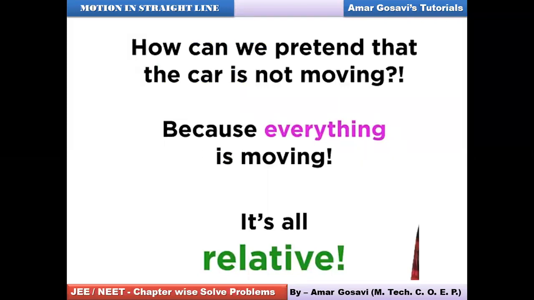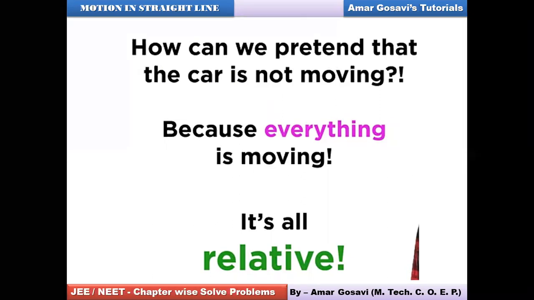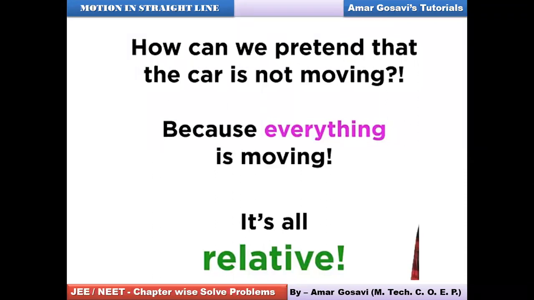It will depend upon which frame of reference you are in, whether inertial frame or non-inertial frame. If you recall, we have discussed inertial frame and non-inertial frame. For all those who were not there when we discussed it, I'll share the recordings with you in the later stages. Hopefully, I've noted this down, friends. So this is why we are supposed to pretend that the car is not moving at times. Let's move ahead.